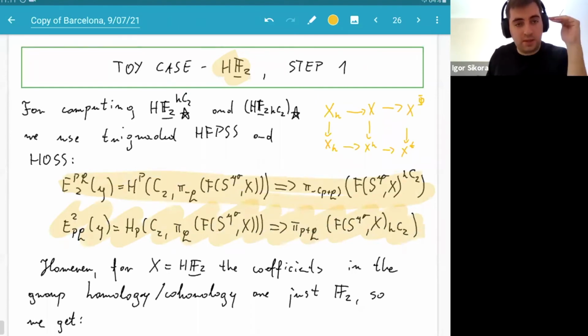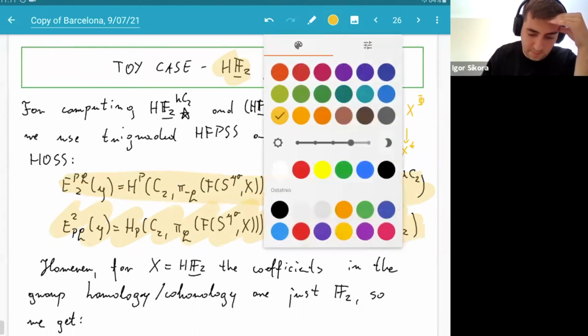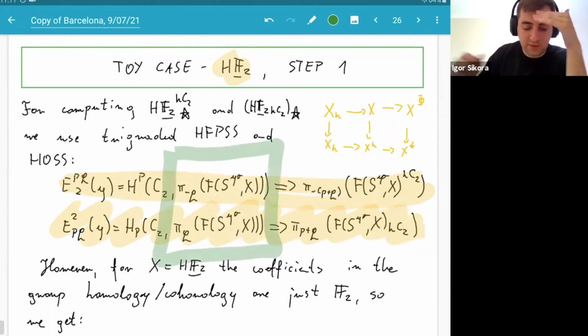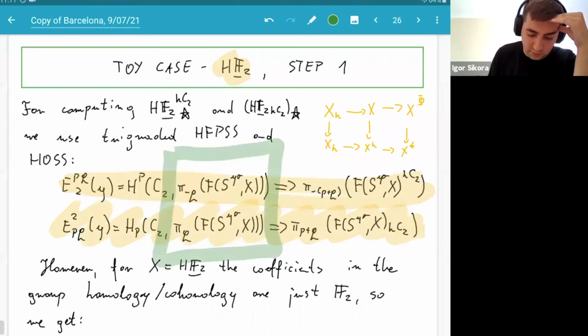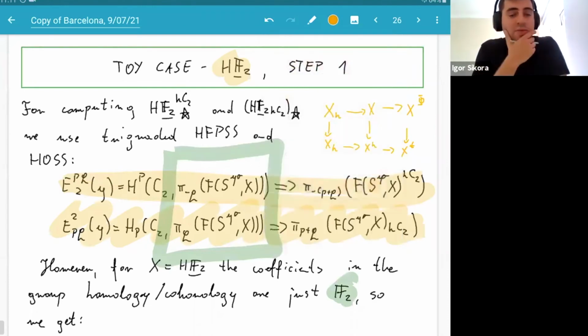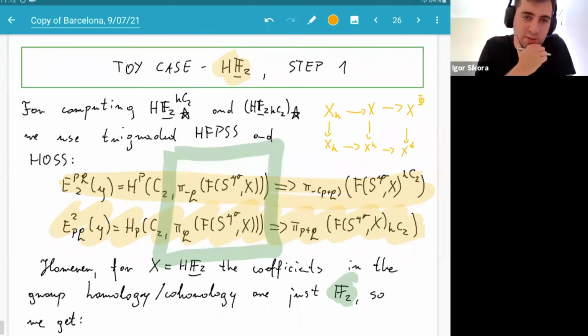However, for this particular Mackey functor, the coefficients appearing in this group homology and cohomology become very simple because this just becomes F2. And group homology of C2 with coefficients in F2 is very simple and well understood.